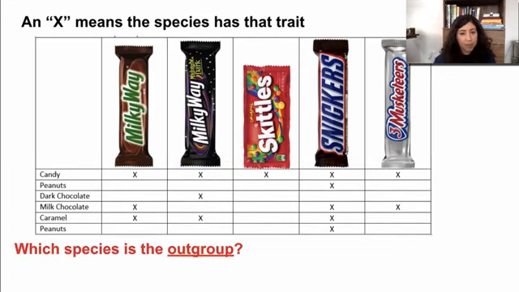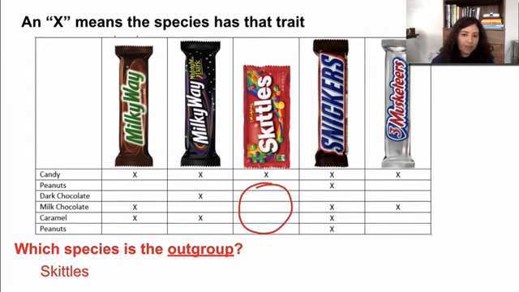And then finally, the next question we'll want to ask is, what is the outgroup? So remember from the reading and from the first video you watched, the outgroup is the most ancestral species, or the species that's most dissimilar from all of the other ones. So looking at this, which one is the most dissimilar? Well, Skittles doesn't have any other traits in this table. It only has candy.